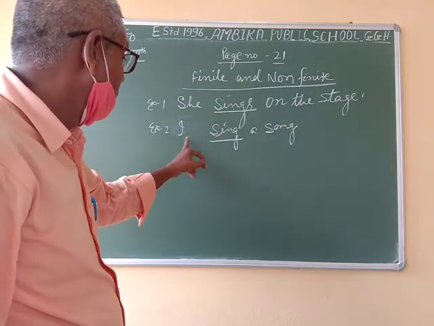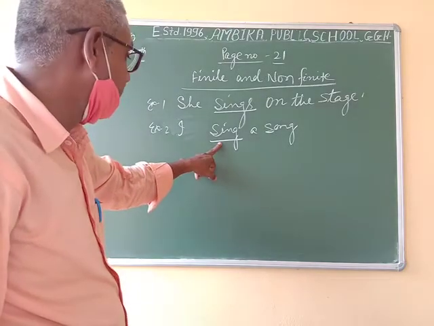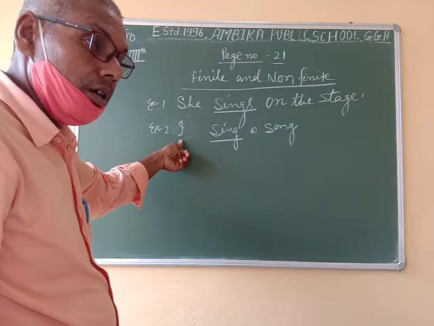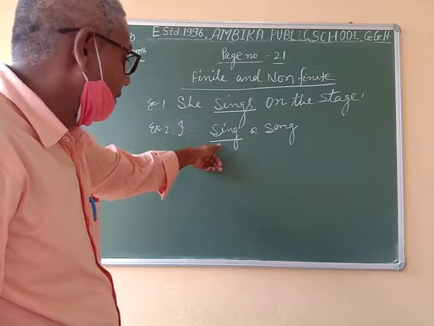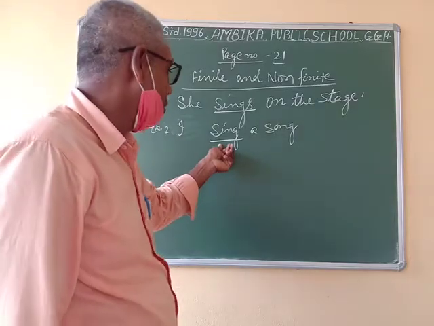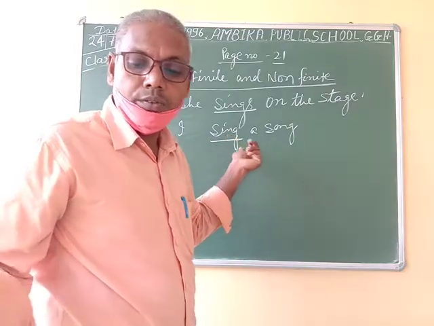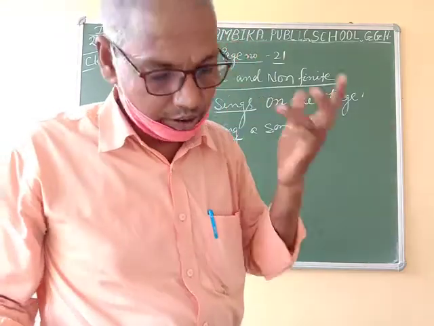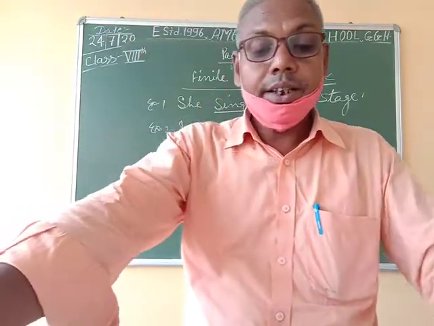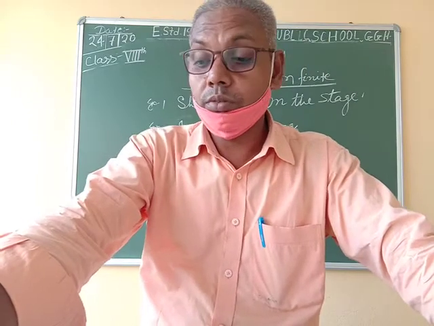Number 2. Subject I is followed by the first form of the verb, and according to number the verb is changing its form, and it is the first form of the verb, so it is a finite verb. So the finite verb is very important, and through that criteria you can better estimate whether the verb is working as a finite verb or not.